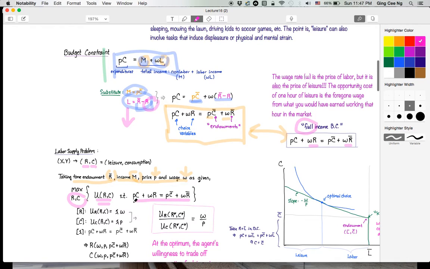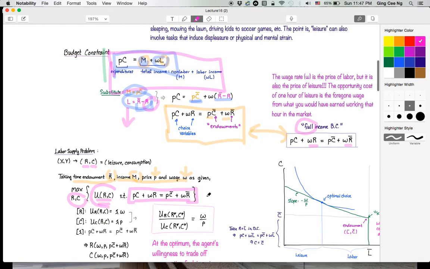Typically, in most applications, you just memorize this, or you intuitively start with the beginning equation that we did, and build your budget constraint based on the utility function that's given to you.